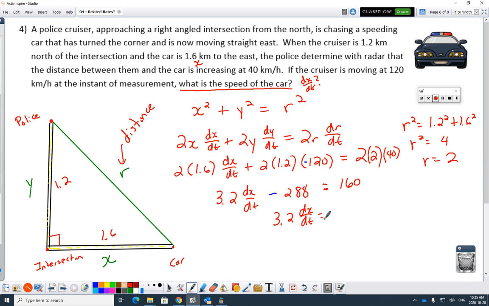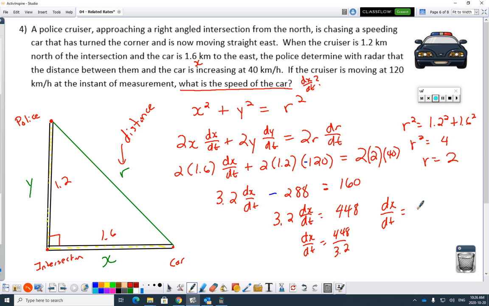3.2 dx dt equals, oh, can I add those together in my head? 448. And then dx dt equals 448 over 3.2. Oh, I don't know.